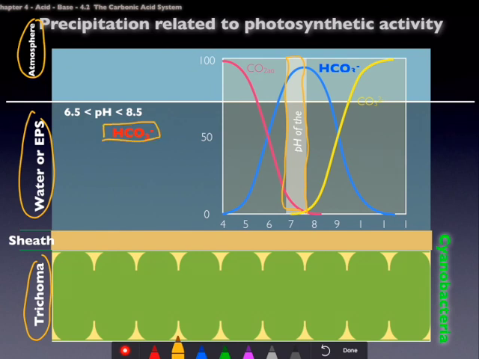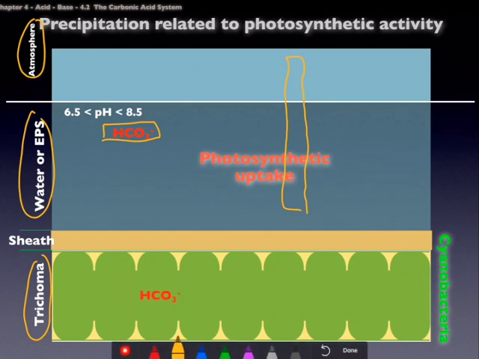So this bicarbonate will be pumped into the cyanobacteria to do photosynthesis. The problem is cyanobacteria, to do photosynthesis, cannot use bicarbonate. They use CO2. The cyanobacteria have an enzyme called carbonic anhydrase that will separate the CO2 from the OH.